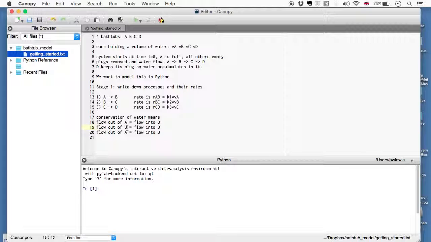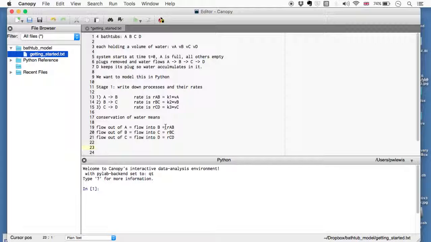Flow out of B equals the flow into C. Flow out of C equals the flow into D. So the water can't go anywhere else but in the bathtubs. And what we might add there is RAB equals RBC equals RCD. So there are rates for the flow.